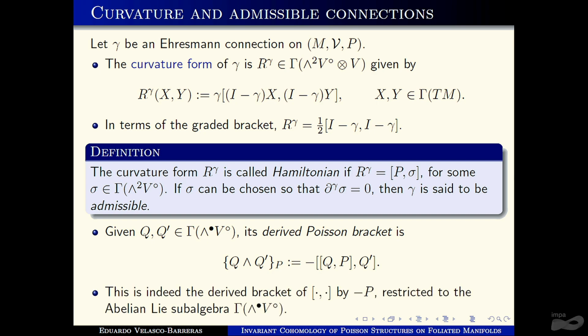And this bracket is in fact the restriction of the derived bracket of this Lie algebra by minus P restricted to this abelian subalgebra. So this implies that this is in fact a graded Lie bracket and is also a Poisson bracket with respect to the exterior product here. So we are going to need this operation for the following result.